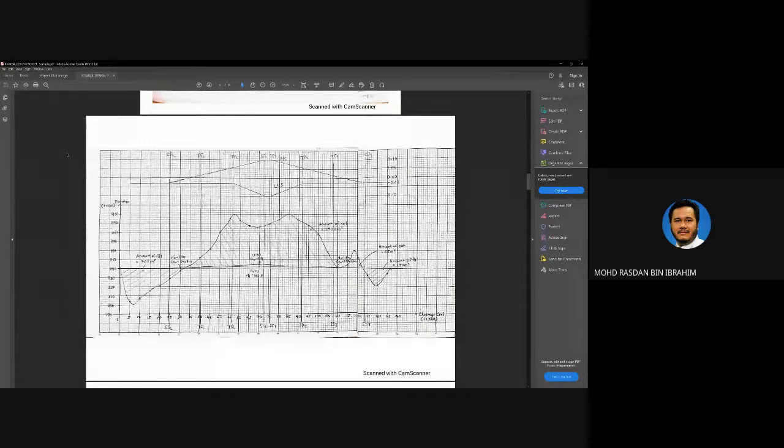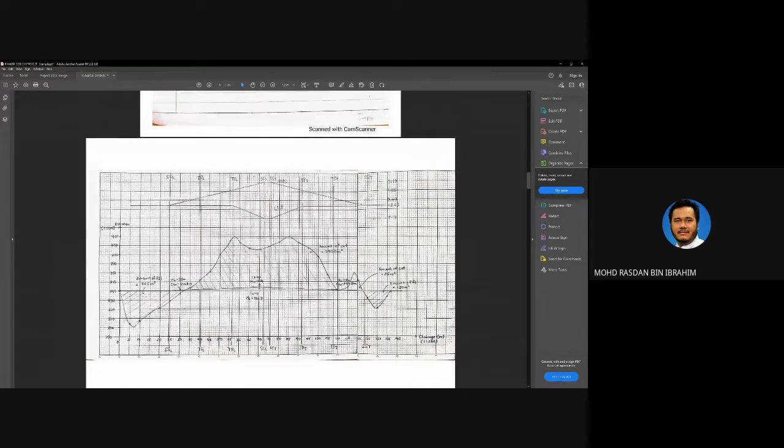If you cannot fit your road in a single A4 graph, you can paste another sheet here to extend the length. You can see from this design here, she has pasted another piece of graph so that she can use a little bit more space. So this is the longitudinal section.